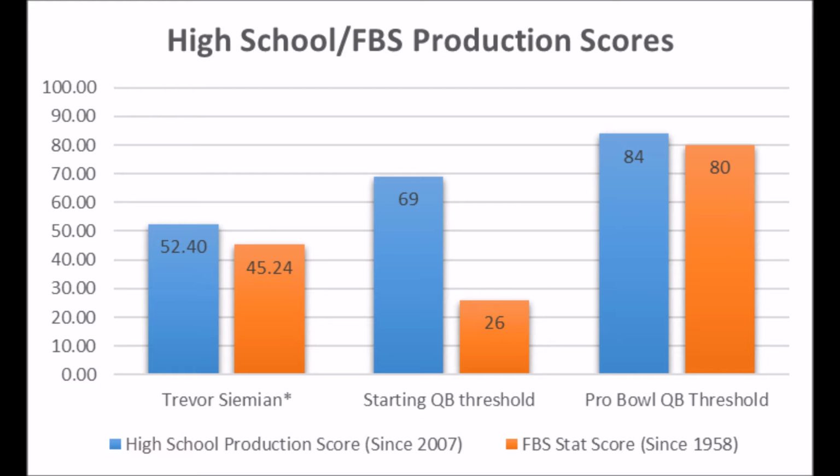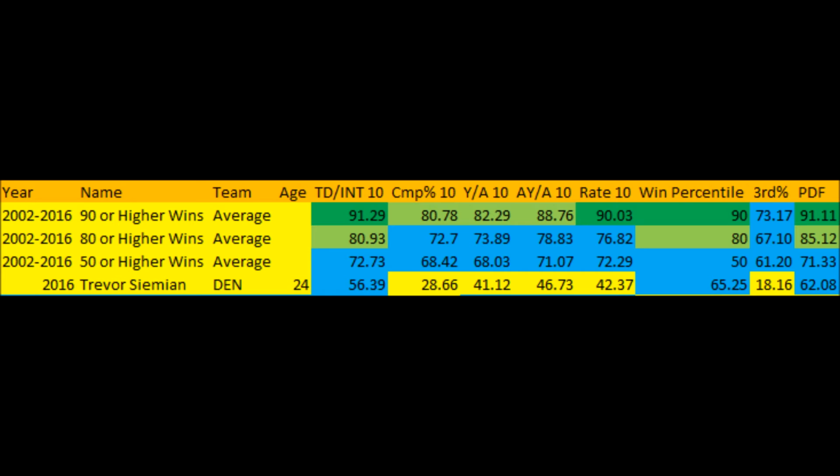And at the NFL level, things don't really look that great either. Just so you're familiar with the terms, this is the average statistics for quarterbacks who win 90th percentile or higher wins, 80th percentile or higher wins, and 50th percentile or higher wins. 50th percentile or higher wins is essentially quarterbacks that are .500 or better. 80th percentile or higher wins is quarterbacks that win about 10, 11 to 12 games.